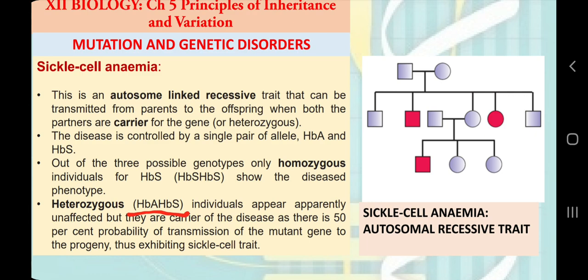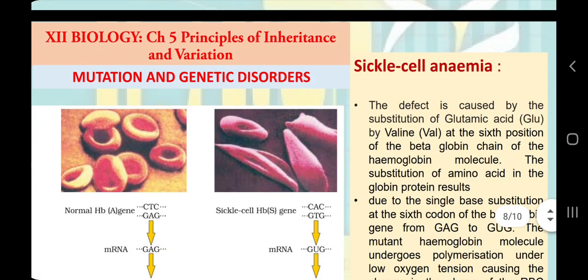Now, out of the three possible genotypes, only homozygous individuals for HBS show the disease phenotype because it is a recessive character. So heterozygous individuals appear apparently unaffected because they carry one normal gene and one gene for sickle cell anemia, but yes, they are carriers. They can pass this gene to the next generation.